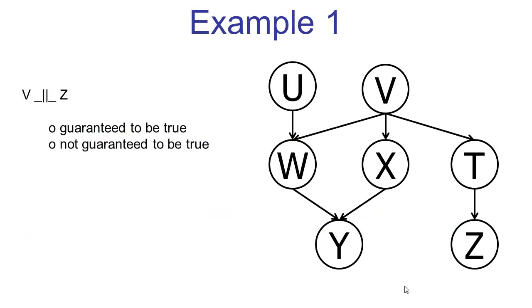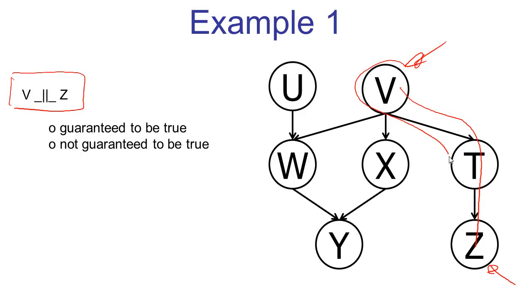Let's look at some examples here. First exercise. We're asked to check whether v is independent of z with no evidence. Z is over here, v is over here. There is one path connecting v and z. This one path consists of just one triple. This one triple is a causal chain, a causal chain with the middle node unobserved.